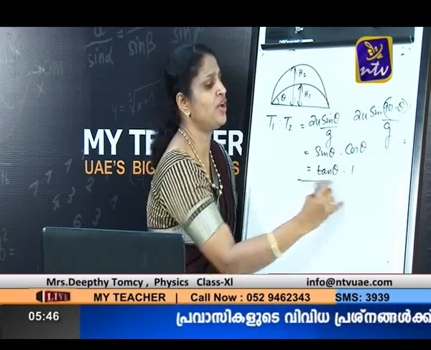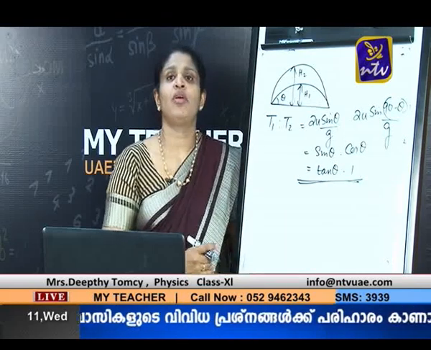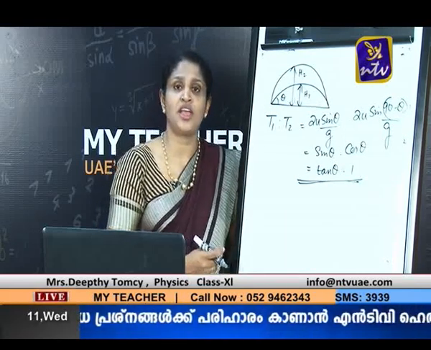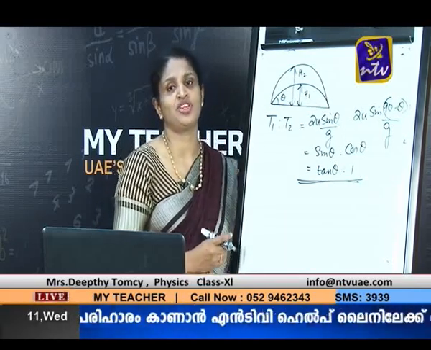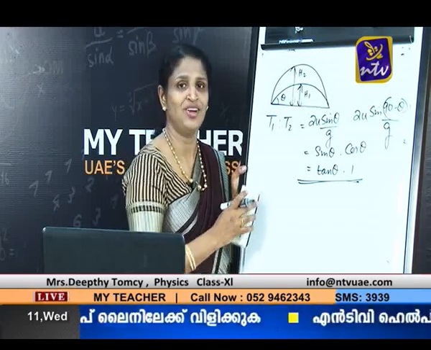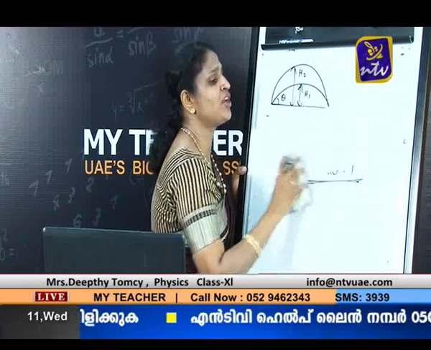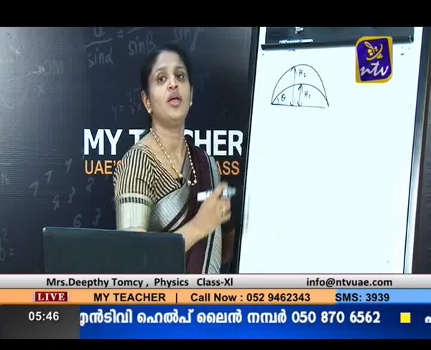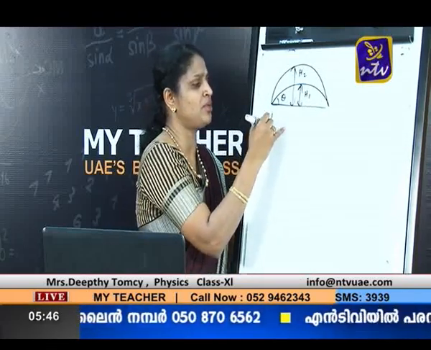So the ratio of the time of flight when a projectile covers the same range for two different angles of projection will be given by T1 is to T2, that is equal to tan theta is to 1. Under the same condition we can also find the ratio of their maximum heights.